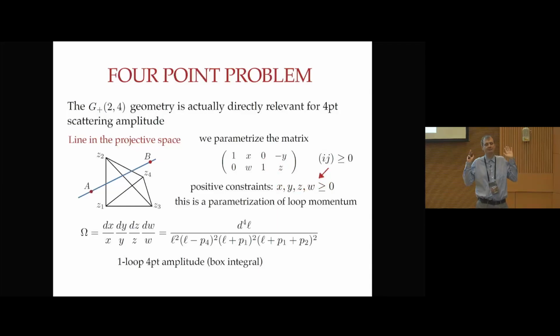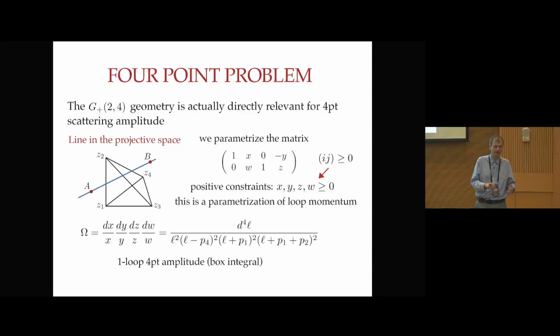So this is a very simple 4-dimensional space: x, y, z, w are positive. It's an analog of a positive quadrant in a 4-dimensional space. So the differential form on this space is just dx over x, dy over y, dz over z, dw over w. And this turns out to be exactly the one-loop amplituhedron for the 4-point MHV amplitude, the loop integrand.